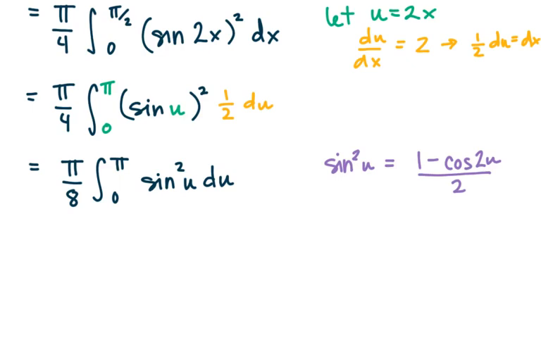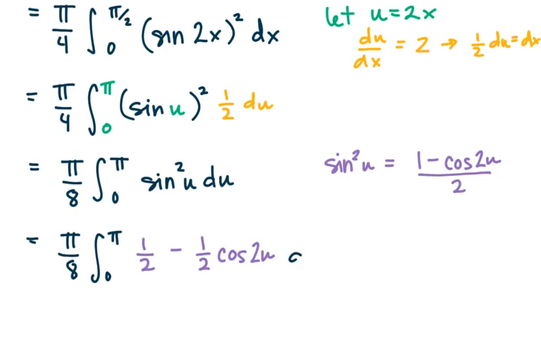So I'll make that substitution, and this is just a direct substitution here. I'm not changing any variables. So I now have 1/2 minus the 1/2 of cosine 2u du. So this is now equal to that. I can put parentheses around it if we'd like.